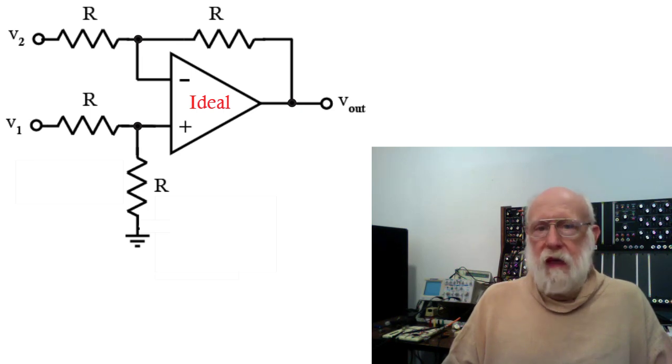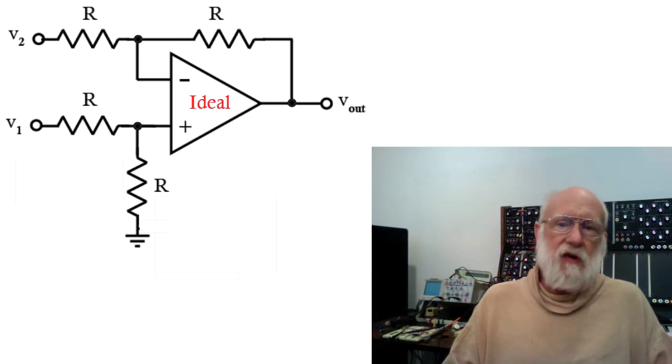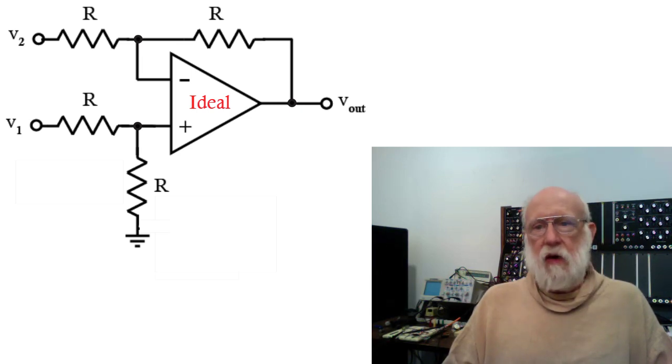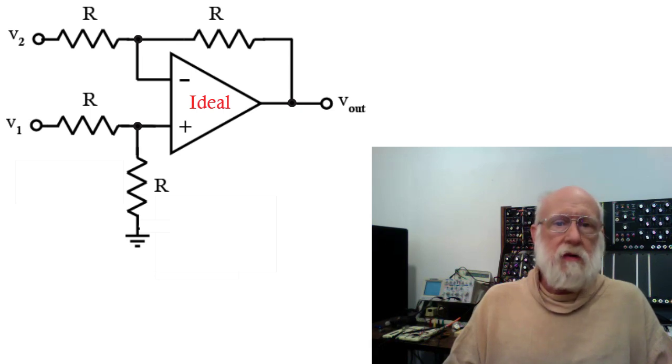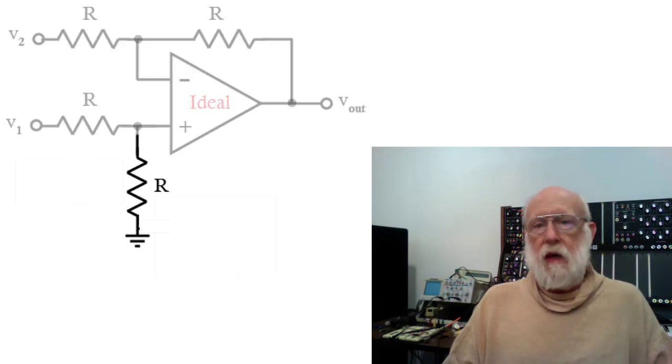The problem here is that the resistors are not going to be perfectly matched. Now, typically what you do, in order to account for the differences in the resistors, is make one of those resistors variable, and typically the one that you choose is the one from the non-inverting input to ground.